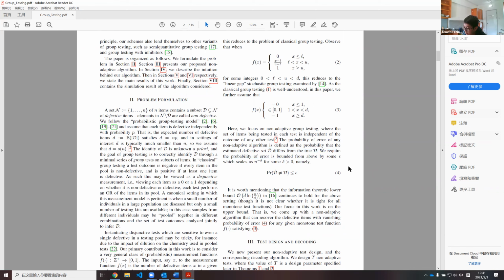Due to some probability issues, we cannot always guarantee that we obtain the correct D, but we can keep our error smaller than some given number called epsilon, which scales as n to the minus delta.